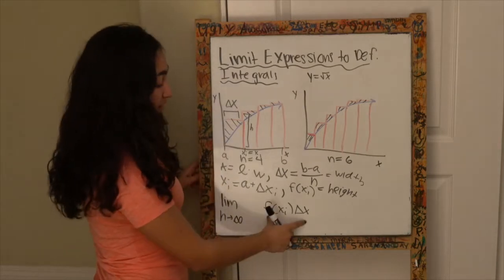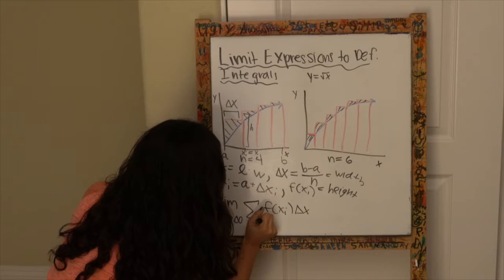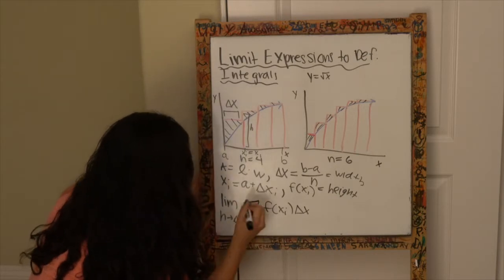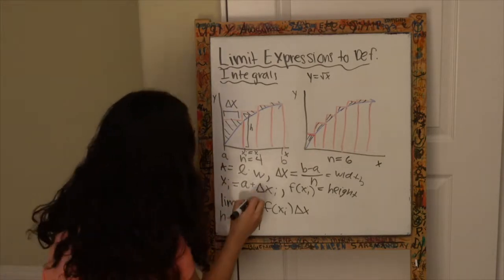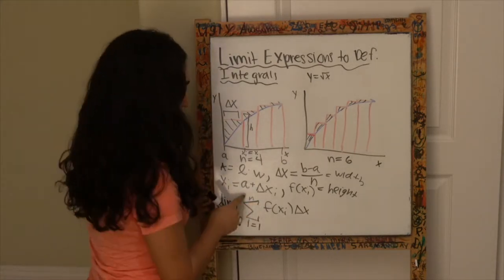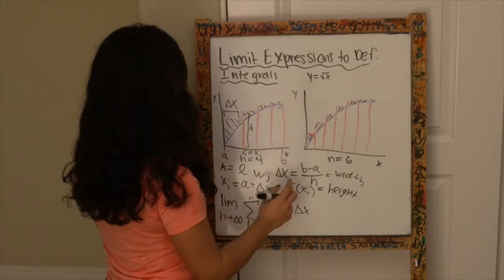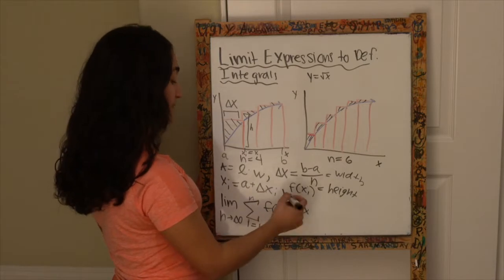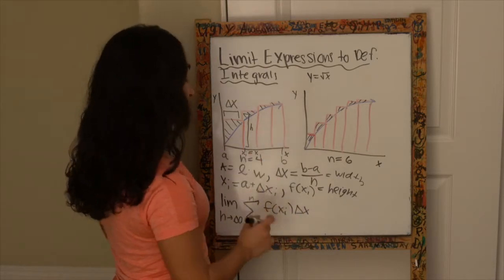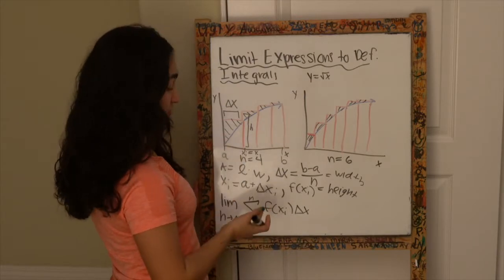And because we want to find the sum of all the rectangles, we use sigma to express the sum as from i equals 1, which is the starting point, to n, which represents the total number of rectangles, of f of x sub i times change in x, which gives us the final limit expression representing the area under the curve.